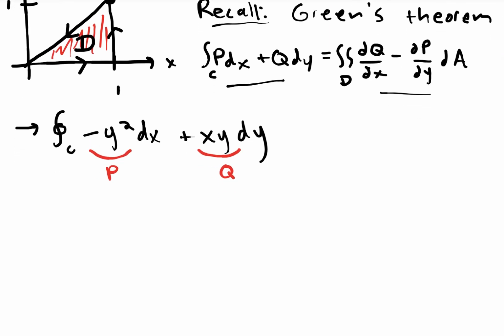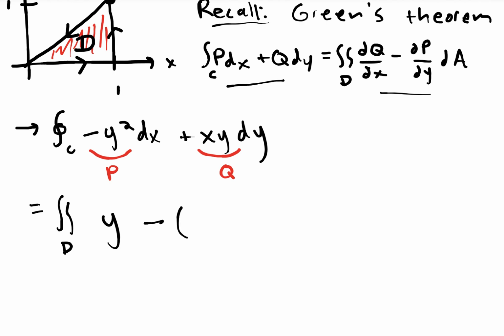What the formula says is that here we should be able to express this as dQ/dx first. So what's dQ/dx? That's my derivative of the second piece with respect to x. You will get y. And then I have to subtract off whatever happens when I take the derivative of P with respect to y.